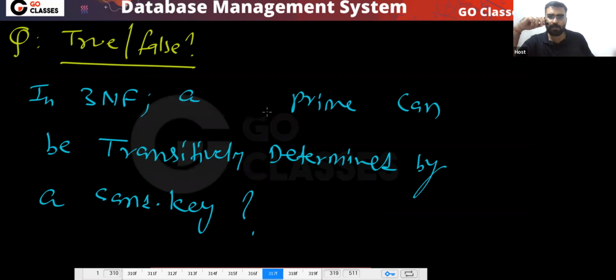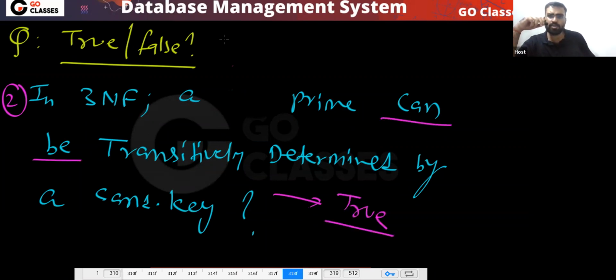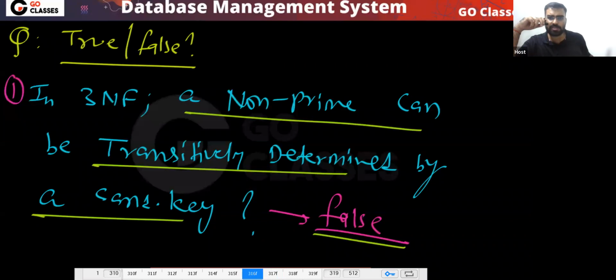What about this one? A prime attribute transitively determined by a candidate key. This is fine. There is no problem here. We don't have any problem with whether a prime attribute is transitively determined or not.